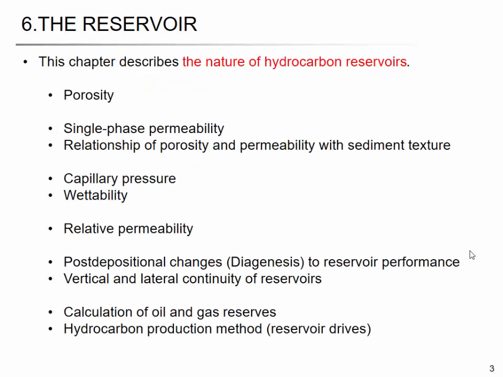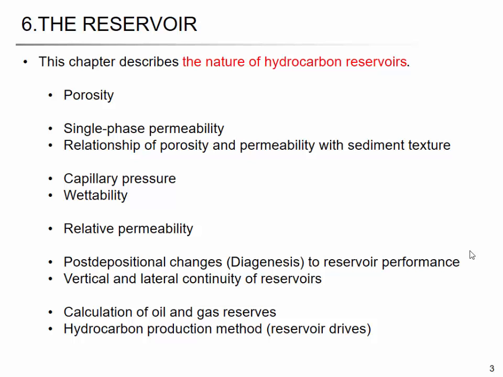So this chapter describes the nature of the hydrocarbon reservoir, and these are the topics that we're gonna cover. And porosity, today we'll talk about porosity mainly. And the next class we'll talk about single phase permeability and also the relationship between porosity and permeability.